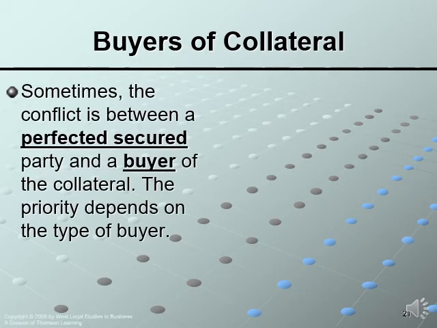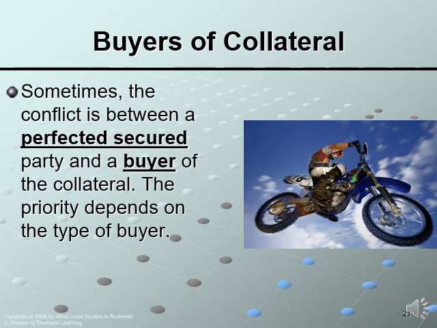So let's look at how that actually looks in general with buyers. So sometimes the issue comes up with buyers. What that means is sometimes a buyer purchases goods from a seller who is a debtor and owes a creditor, and the creditor has taken an interest in the inventory of that seller debtor.